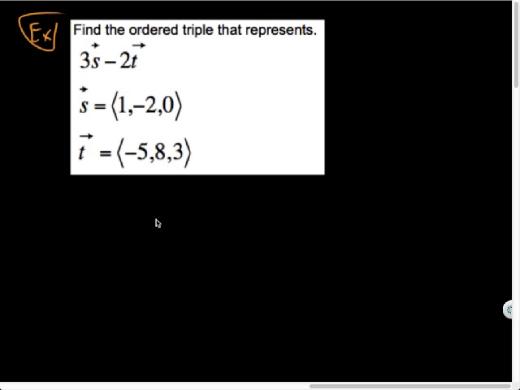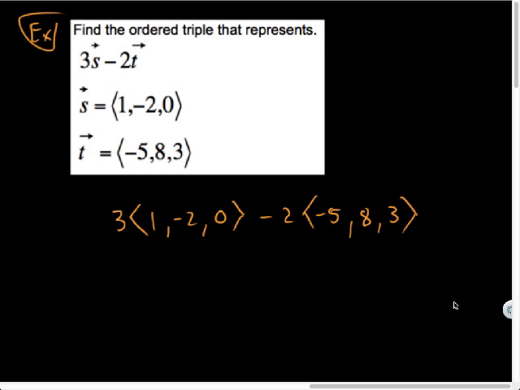Here I gave you the ordered triples for vectors s and t. So 3 times vector s would be 3 times the vector 1, comma, negative 2, comma, 0. Minus 2 times vector t would be negative 5, comma, 8, comma, 3.